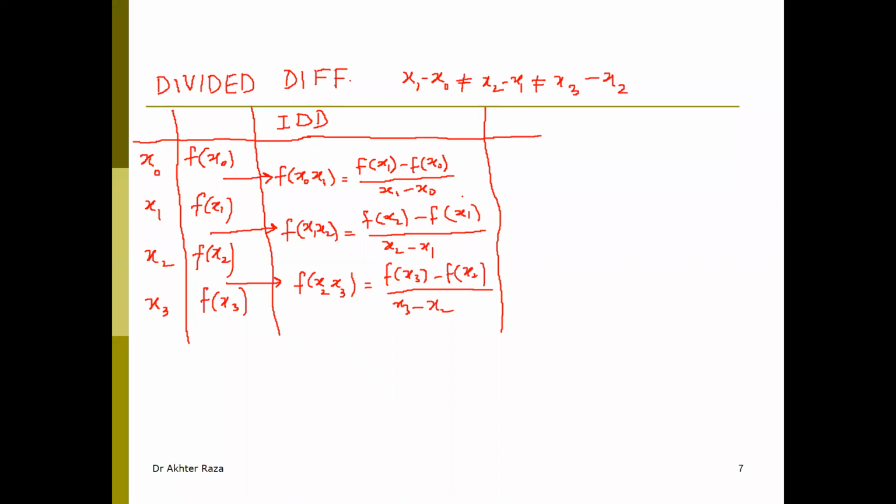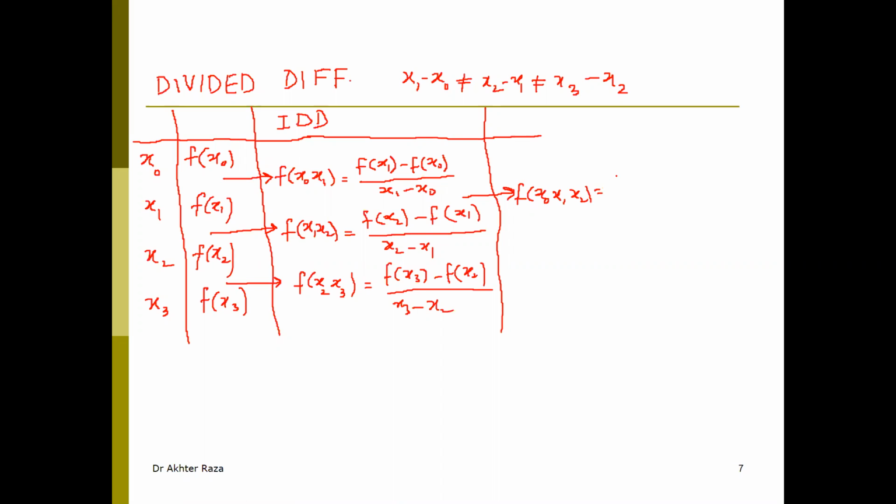The next column will be comprised of entries in between these two. This is represented by f x naught, x1, x2. So we have added one argument here because this is computed by x2 and x naught. This is computed for these three. How is this computed?